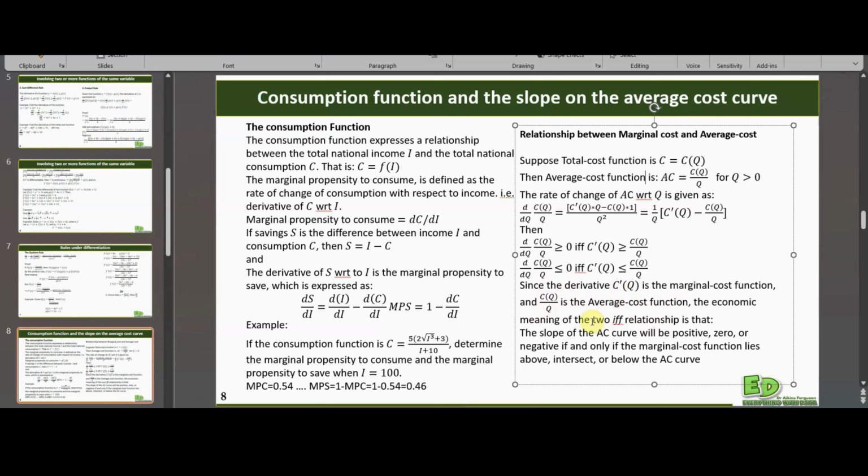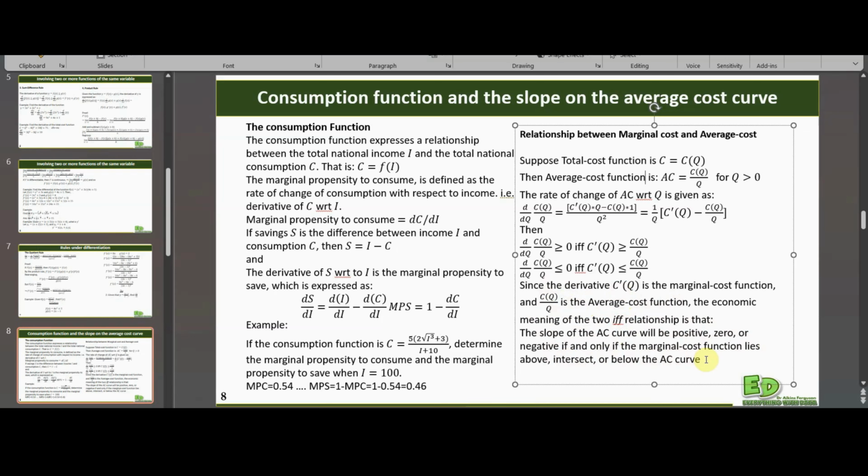The economic meaning of the two if and only if relationships is that the slope of the average cost curve will be positive, 0, or negative if and only if the marginal cost curve lies above, intersects, or lies below the average cost curve.